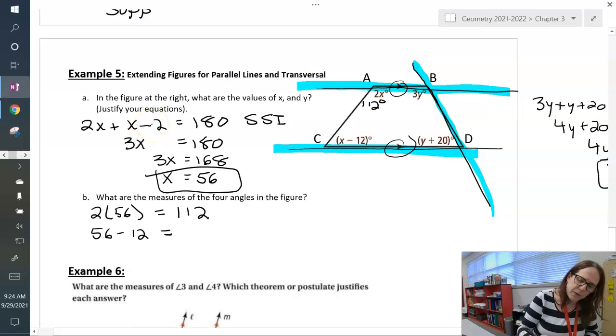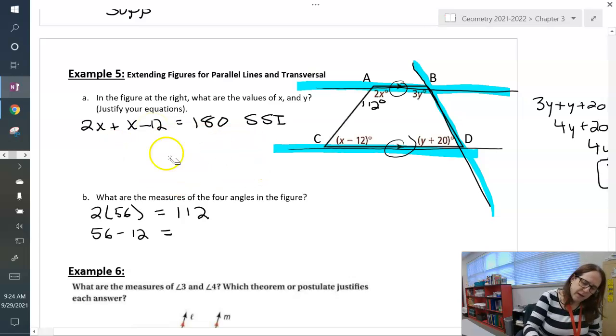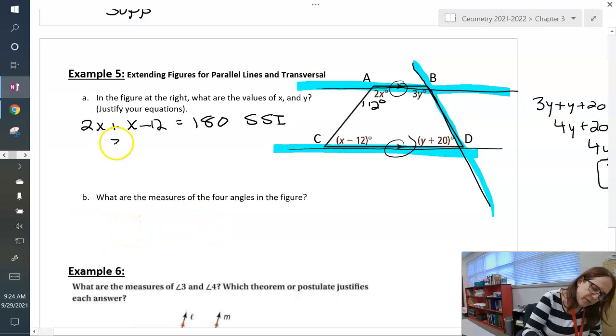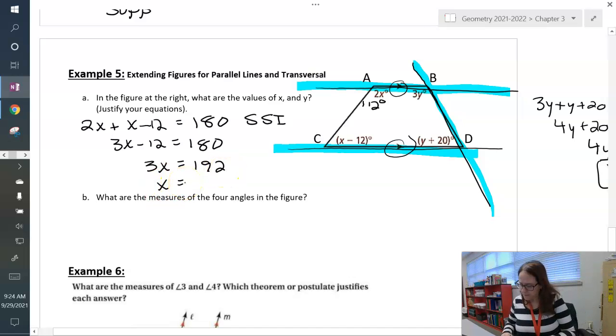This was supposed to be x minus 12, and I had an x plus 12. So when that happens, just go back and fix it. So I have 3x minus 12 equals 180. 3x equals 192. Now divide by 3 and see what we get. I get 64.